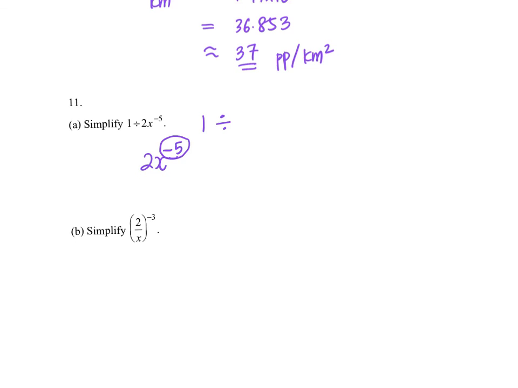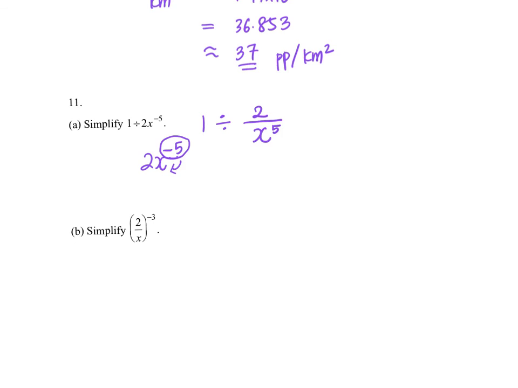Check the negative power only for who? Only for X. So X moves house from the top floor to the basement. But 2 stays at the same place, on top. X moves below. Now the power from negative 5 becomes 5.